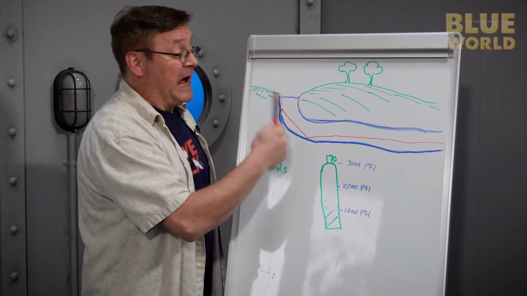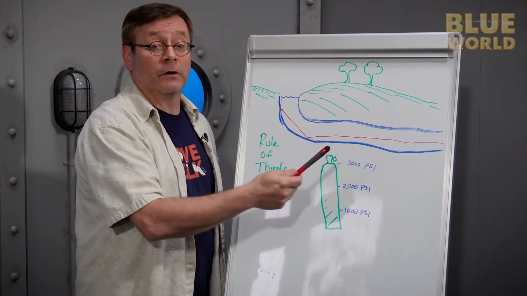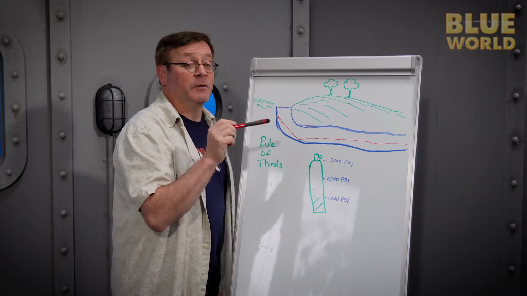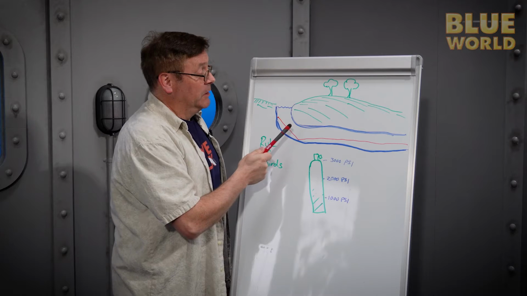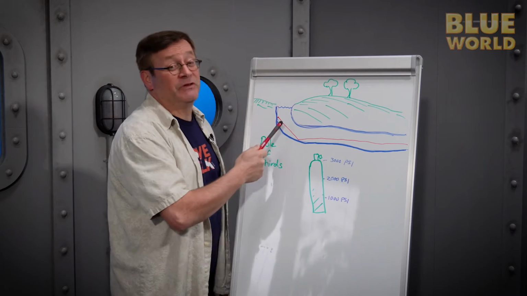Now that is how a typical cave dive works. And I've put the line in red, okay? So the line in red is going to be critical in my next demonstration, which I now have to erase this beautiful artwork that I did and make a new piece of artwork.